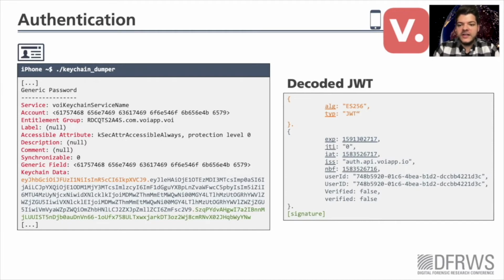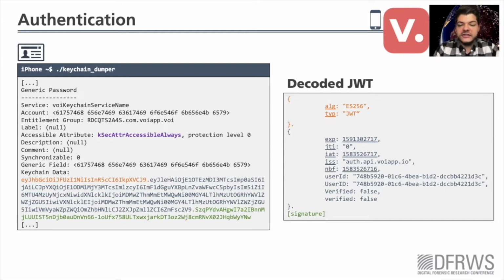At the bottom, we can see a JSON web token. If you're interested, on the right side, you can see it decoded as well. And this is what you need to log in or authenticate against the Voi API. Now, I would like you to focus on what is called the accessible attribute in purple, which says, in this case, accessible always, which is pretty interesting because this actually means that you can access this keychain item without unlocking the phone.